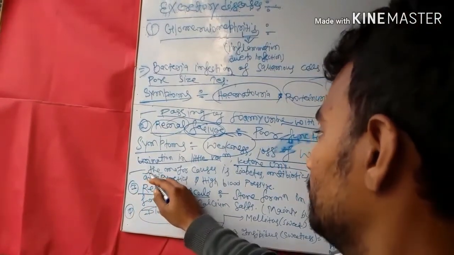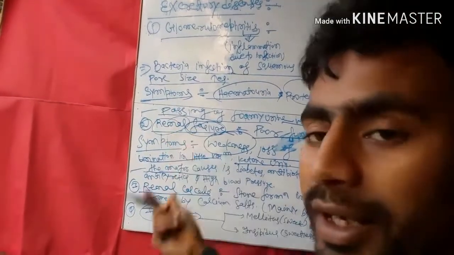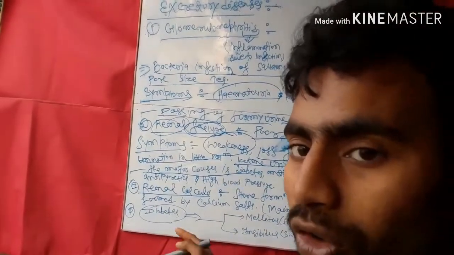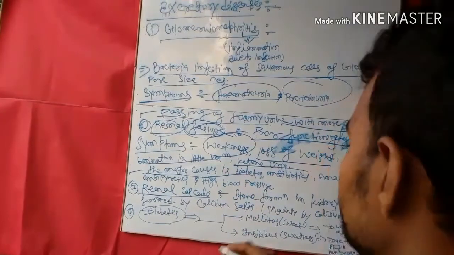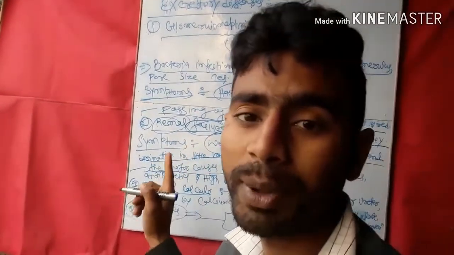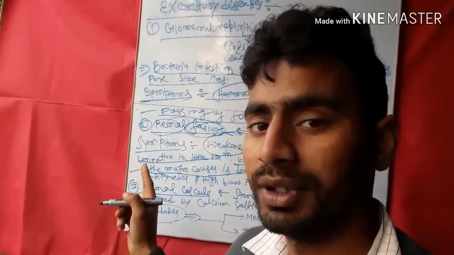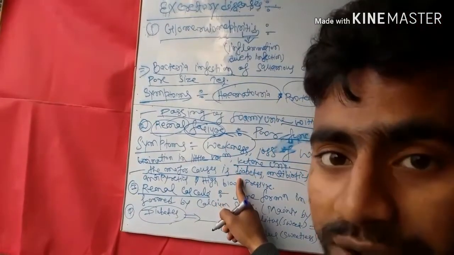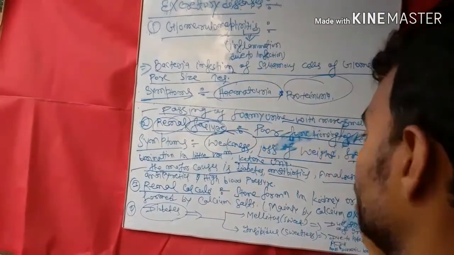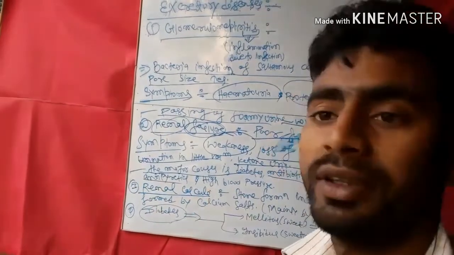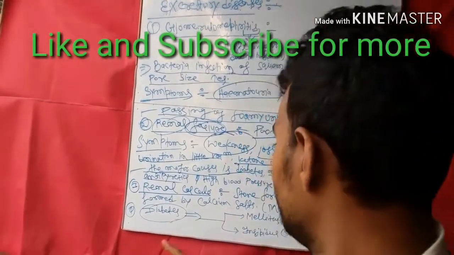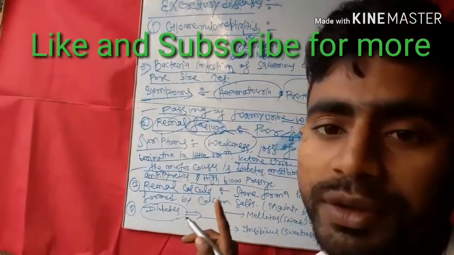The major causes of renal failure are diabetes, antibiotics, analgesics, antipyretics, and high blood pressure.